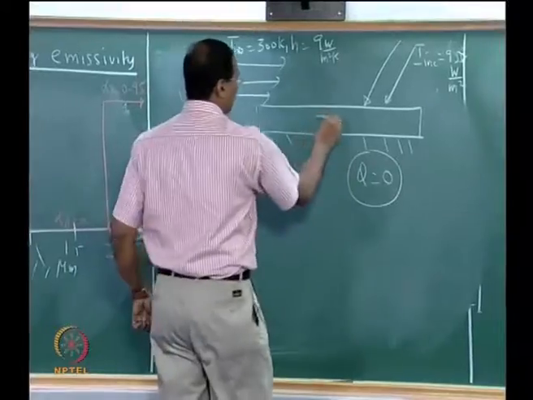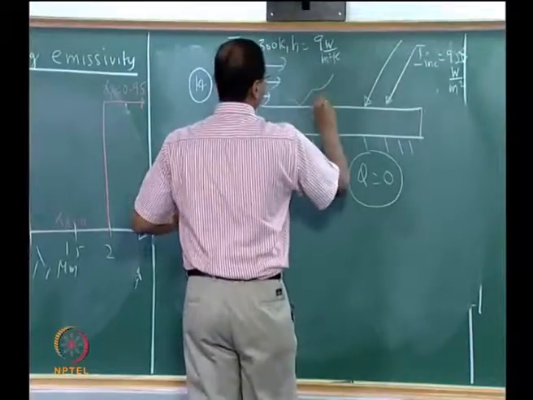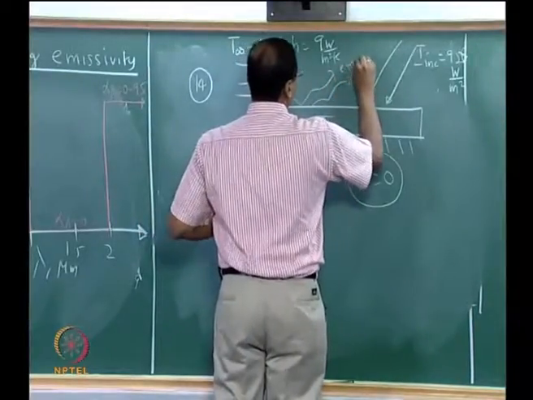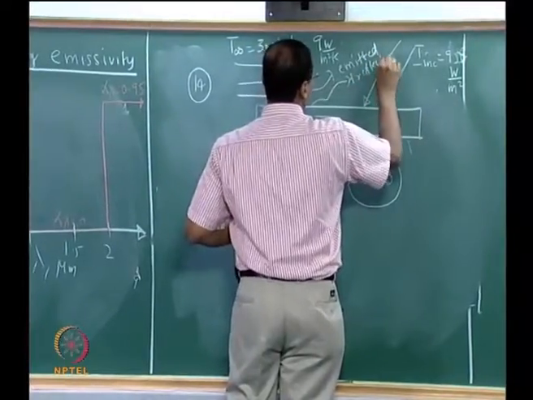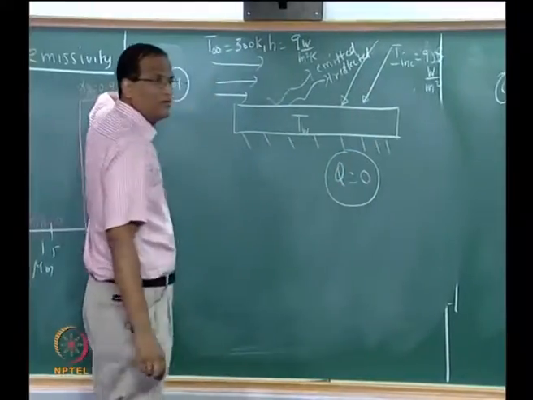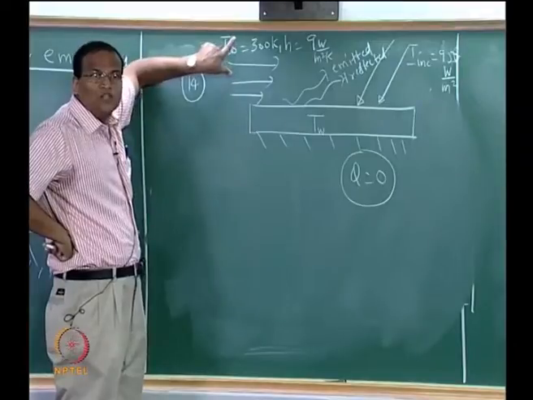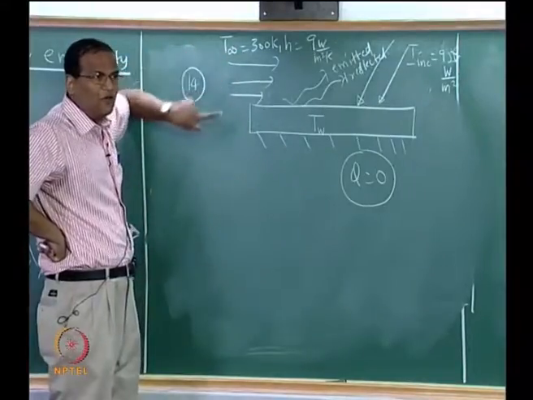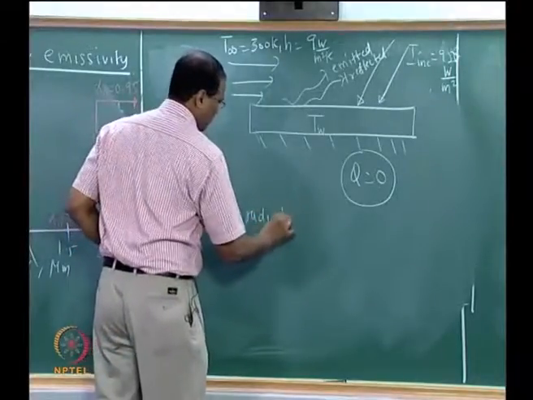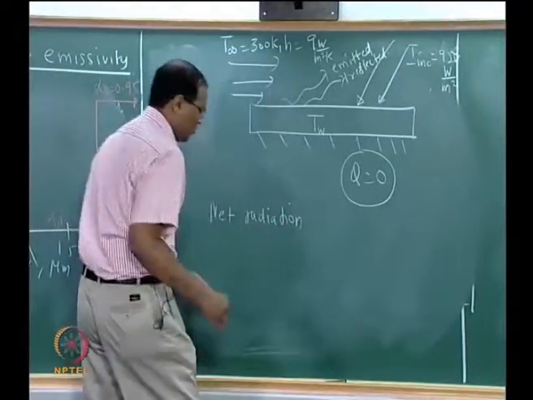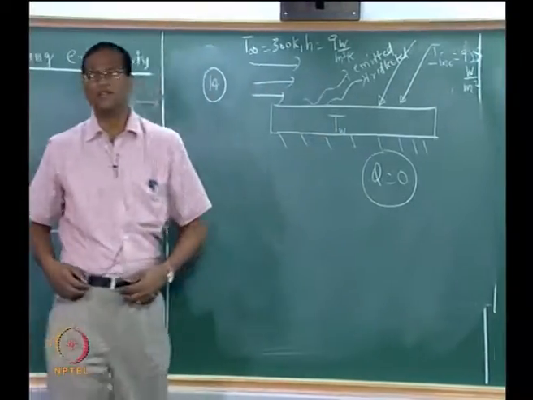Correct. So let the temperature be TW. Okay, so it is emitted plus reflected. In this case, since T infinity is also there, you can assume the T infinity to be a black body, and therefore net radiation, or we can say that, what will be the energy equation for this?